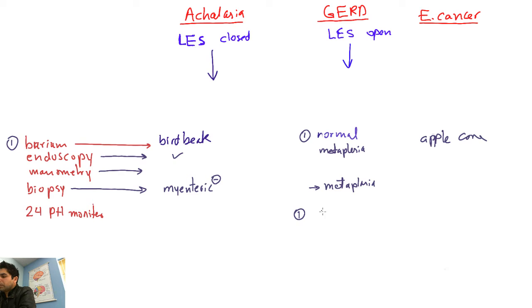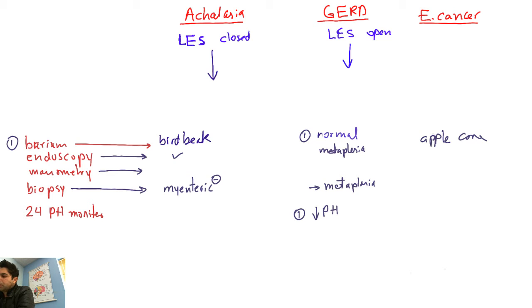The pH of the esophagus should be about 7.4. When it's 6 or 5, that's not good. That means there's acid coming. Over 24 hours of monitoring, you will see the pH of the esophagus is lower.